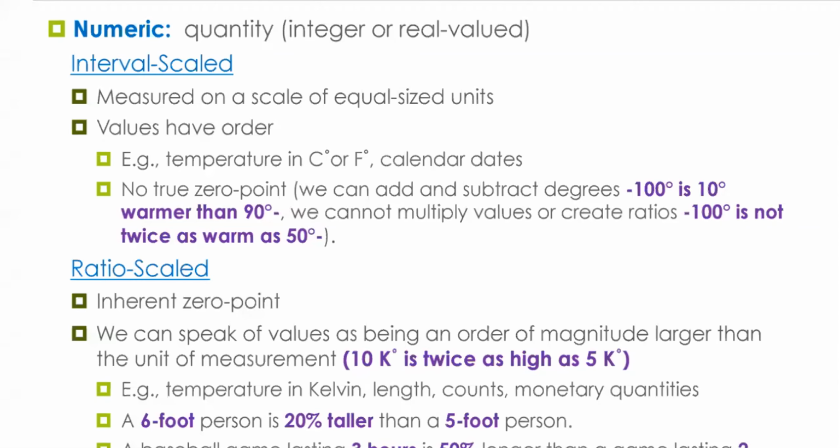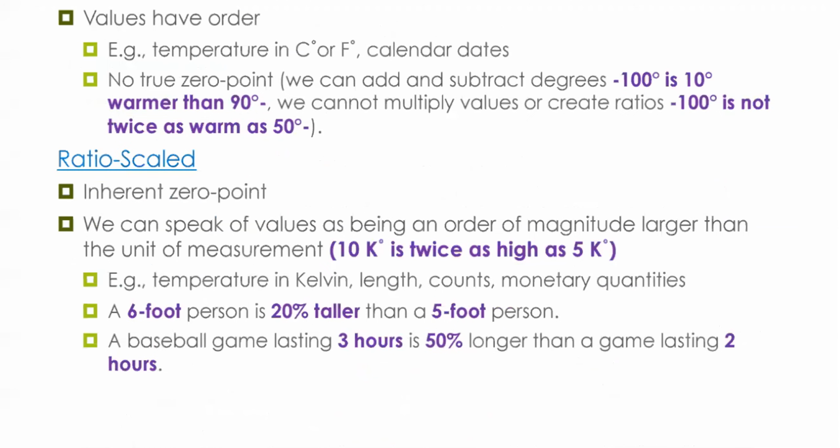For example, temperature in Kelvin, length, pounds, monetary quantities. A 6 feet person is 20% taller than a 5 feet person. That is the way we represent ratios. A baseball game lasting 3 hours is 50% longer than a game lasting 2 hours.